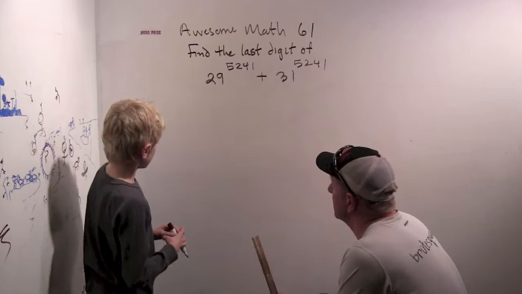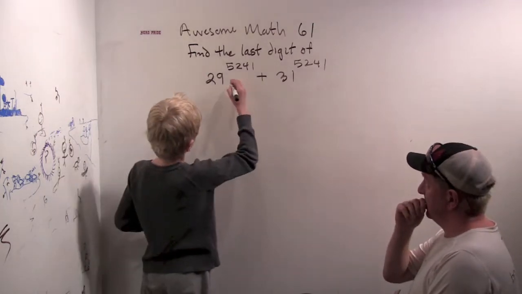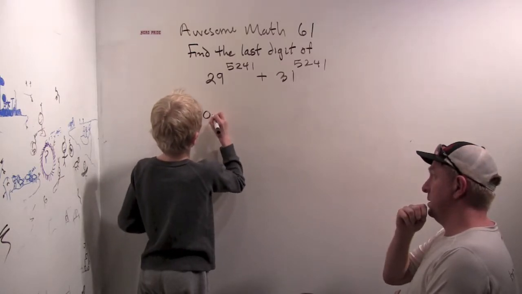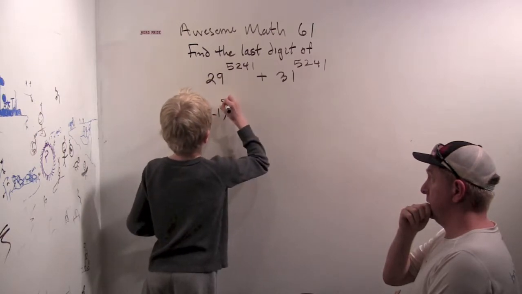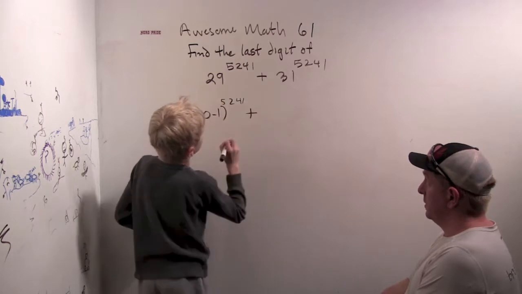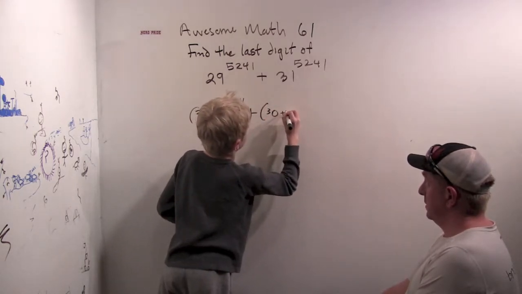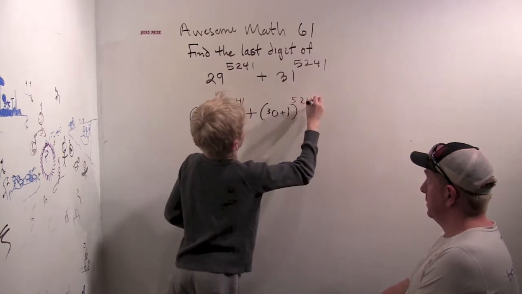Well, here, we can rewrite this as 30 minus 1 to the 5,241 power, plus 30 plus 1 to the 5,241.